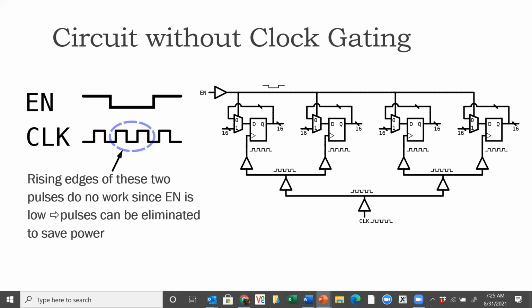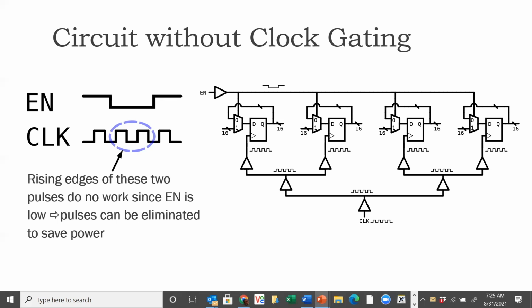But every time there's a pulse, you're dissipating power. So you have some useless power being dissipated in this case. The 2 middle pulses are doing no work, but they're dissipating power in the buffers. Where is that power being dissipated, by the way? Whenever there are clock pulses, it's the buffers in the clock tree that are dissipating power every time there's a clock pulse.